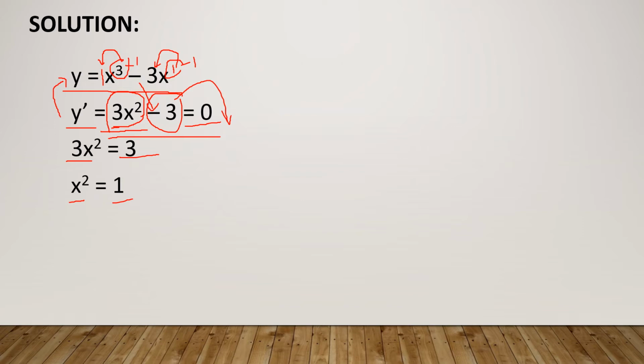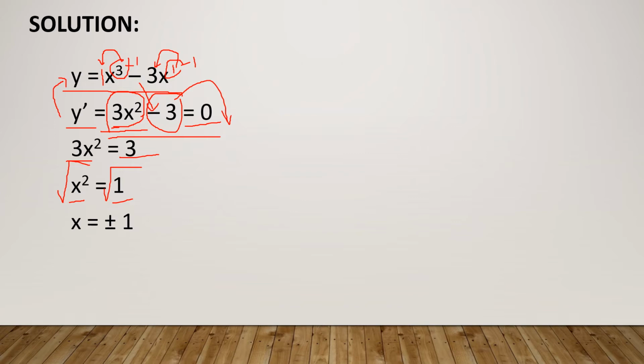Now, for us to get the value of x, we take the square root of the entire equation. The square root of x squared is equal to x. The square root of 1 is positive and negative 1.